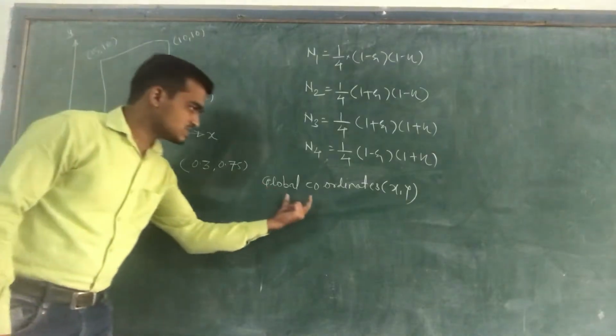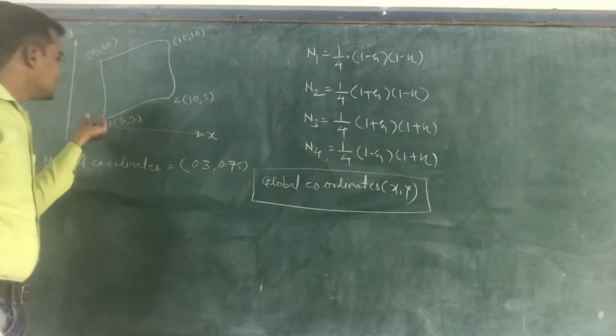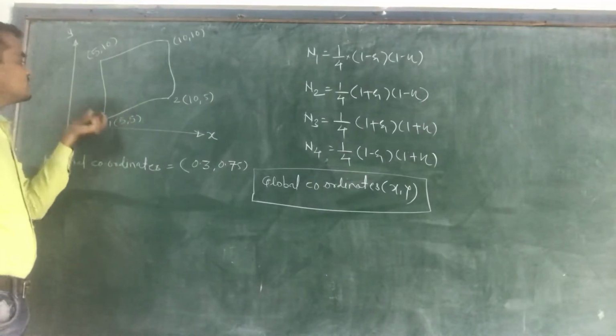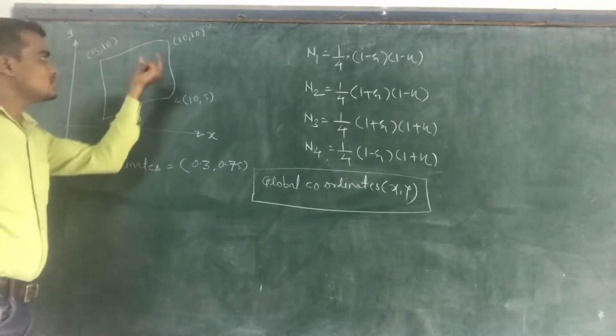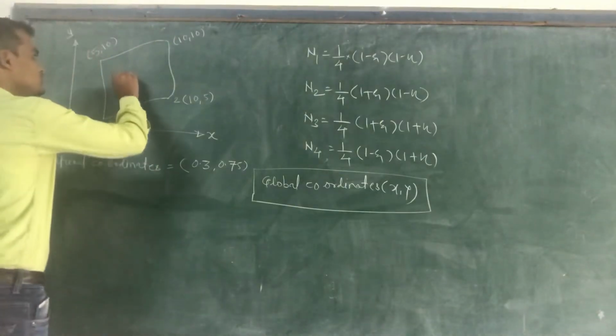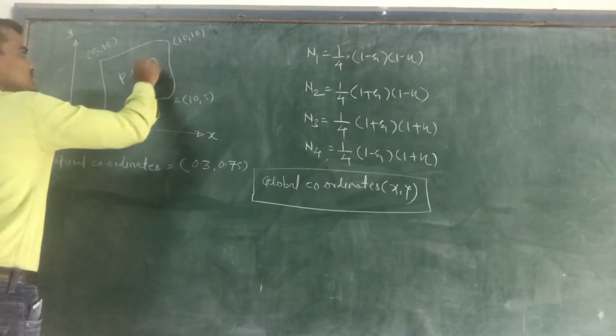For such types of examples, the given data will be the xy coordinates with x1 y1, x2 y2, x3 y3 and x4 y4 values, and you need to find out this point P coordinates x and y.